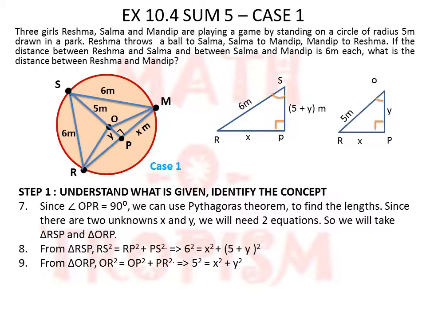Similarly, when I take ORP, I have x square plus y square is equal to 5 square. Since we have two equations and two unknowns, when we equate these two and solve them, we can get x, and we know RM is nothing but twice of RP, which is twice of x. So from that we can find the value of x.